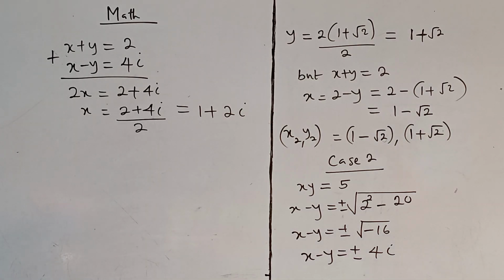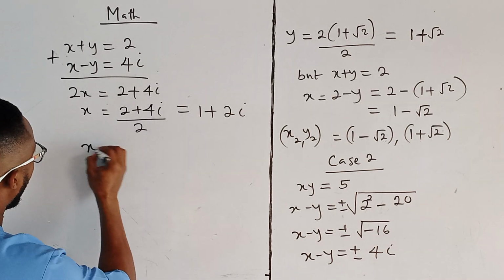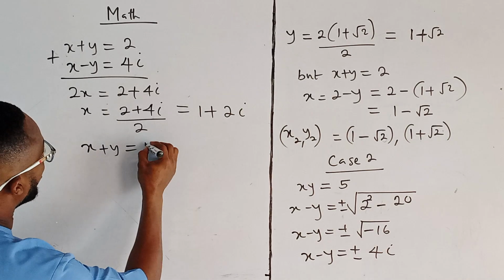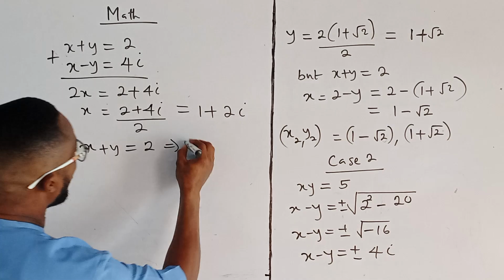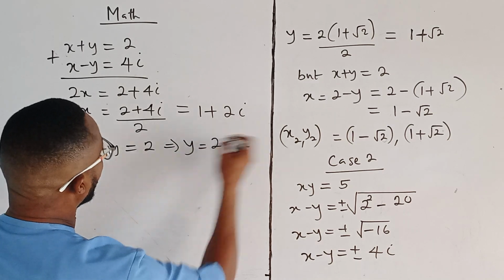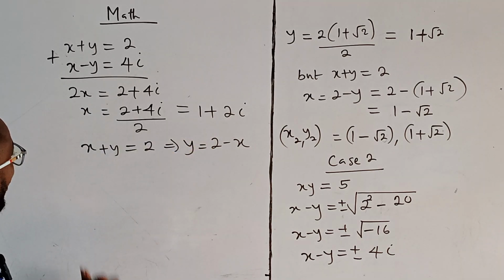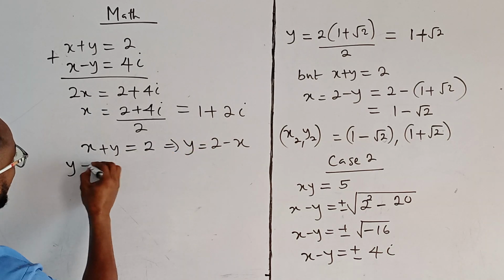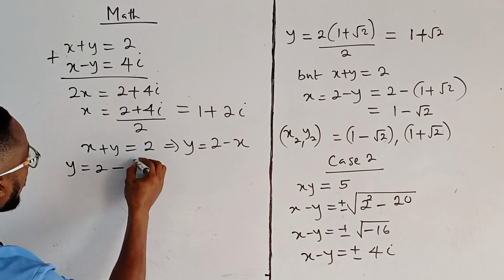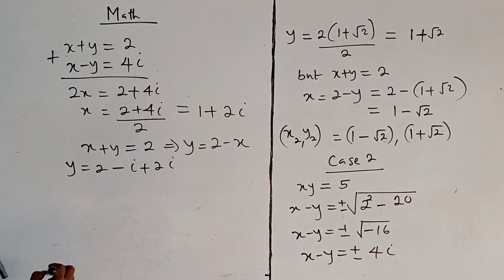Then I also know that x plus y is equal to 2. To get y, that will be 2 minus x. And what's the value of x? That is 1 plus 2 iota. So y will be 2 minus (1 plus 2 iota).